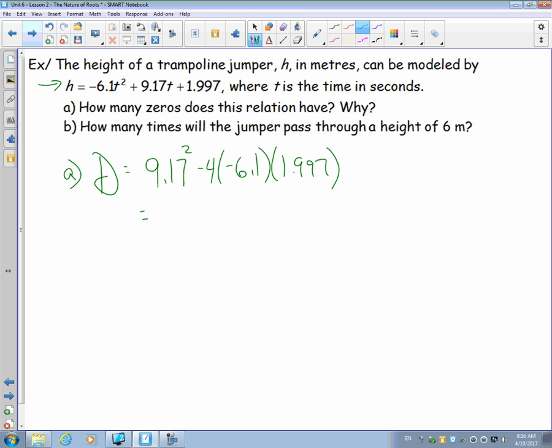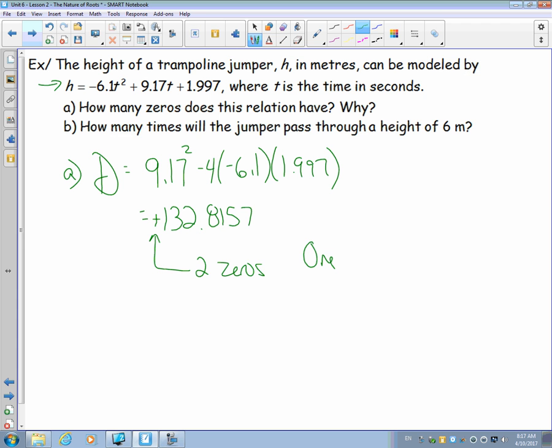Looking at this, it looks like I can get some positives there, which is what I want. And if I do my numbers, I get 132.88157. What's important is the fact this is positive. This has 2 zeros.